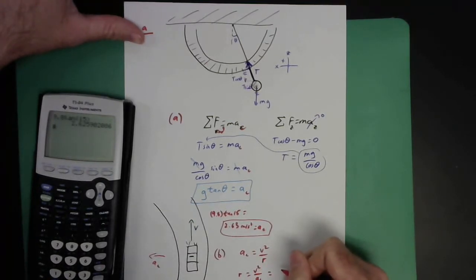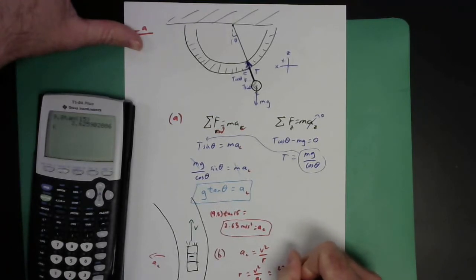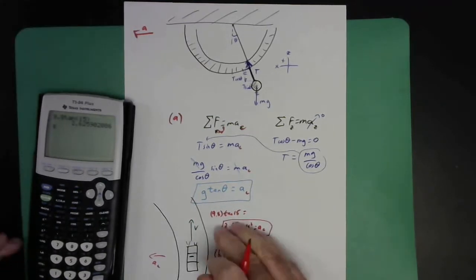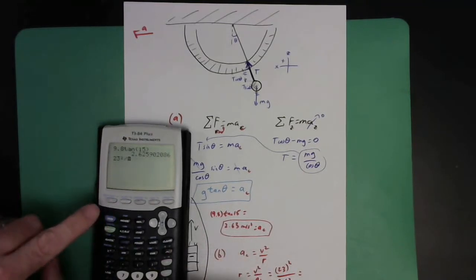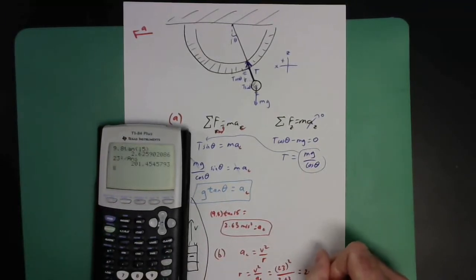They told us that the speed was 23 meters per second. So 23 squared over that 2.63 I got will be my radius. If I do 23 squared divided by that answer, I get 201.45. Fine, 201.5 meters for the radius.